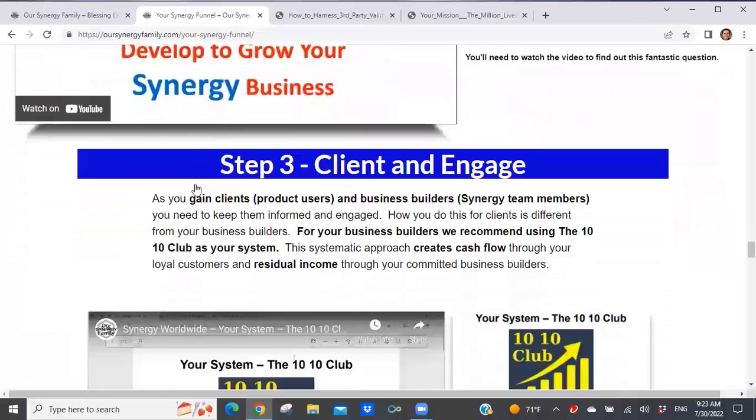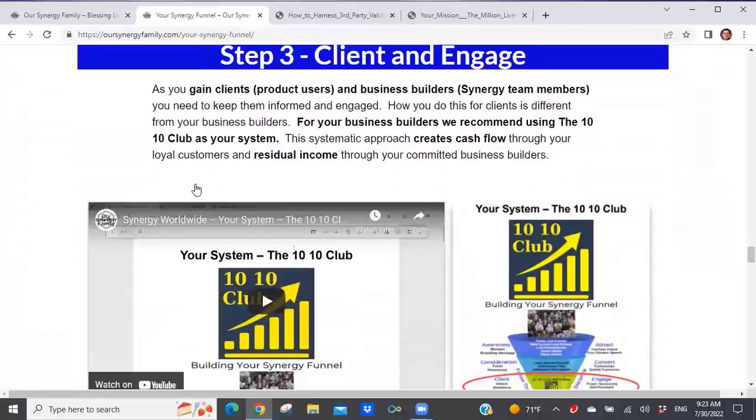Then step number 3, client and engage. Once you've got a person who becomes a customer or a Synergy distributor, you don't just leave them there. You need to engage with them, helping them understand how to properly use the product so that they can get the best results for themselves.